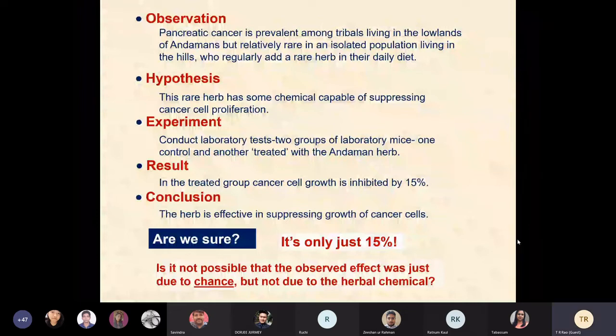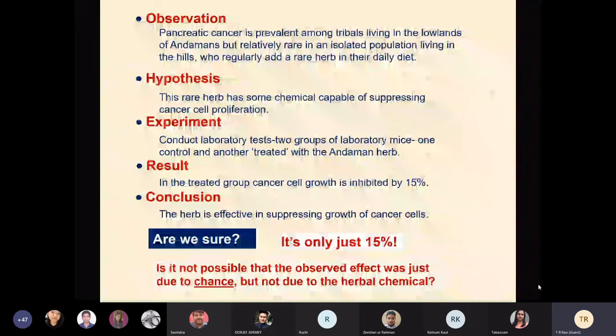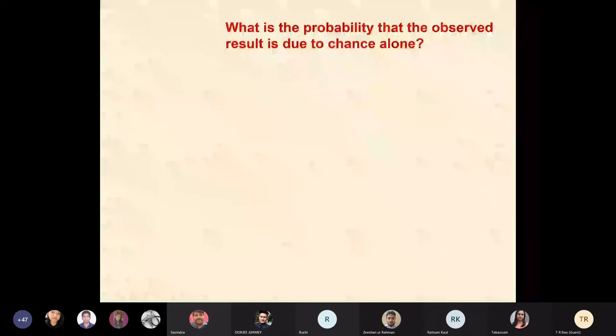Very often we see people will simply say, it's just luck, he just passed. By chance, he was able to get it. Some such thing. So there also you are talking about chance, although you are not quantifying it. So the question asked was, what is the probability that the observed result was due to chance alone?